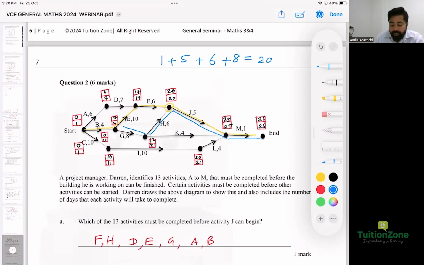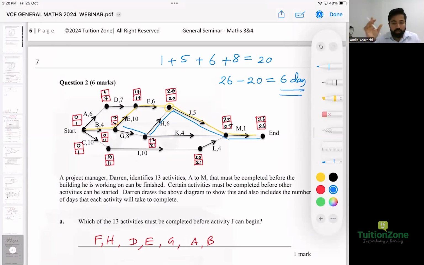And the reason is, as your G's, this answer is correct, that's good. As G is not on the critical path, you're just checking how much you can delay G from the end. So the total time is 26. And if you take away this, so what's the answer? It's going to be 6 days. So you can delay the activity by 6 days.